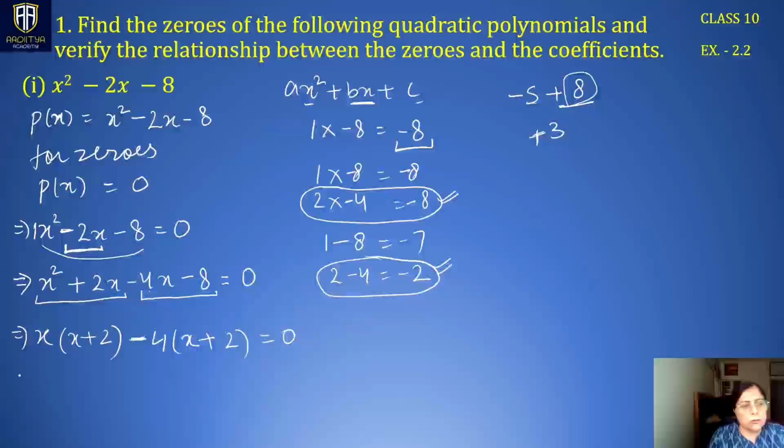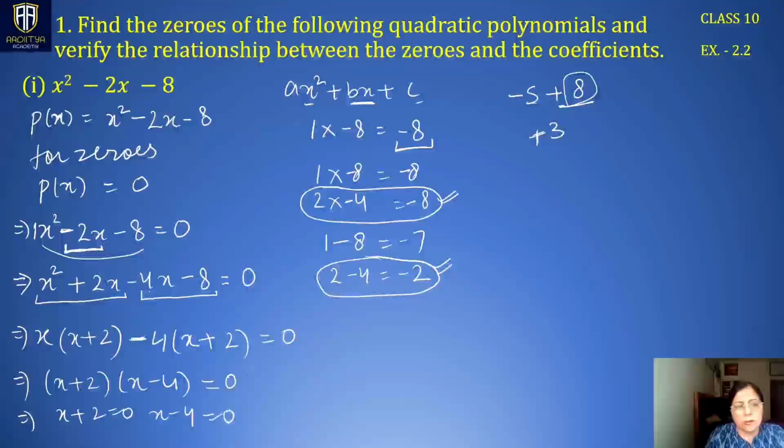Right? Then after this factorization, we have got two terms in which the x plus 2 bracket is common to both the terms. Then we are left with x minus 4 is equal to 0. Right? This was the factorization part. And now since the product of these two factors is equal to 0, that means either of them has to be 0. Like x plus 2 is equal to 0 or x minus 4 is equal to 0.